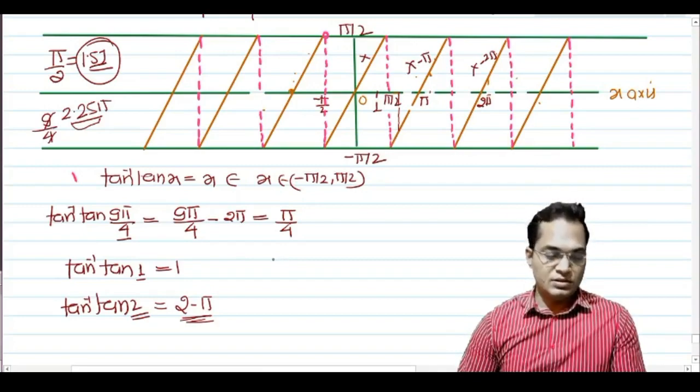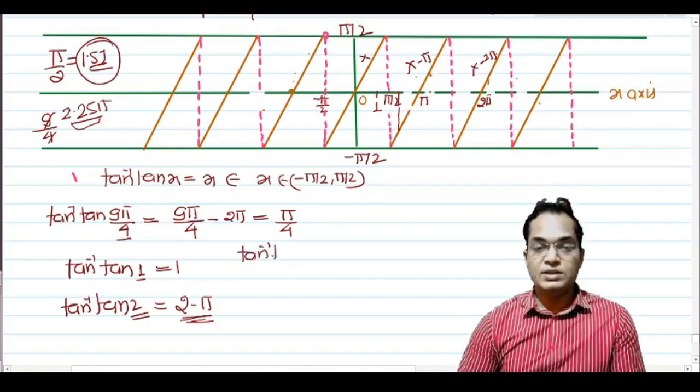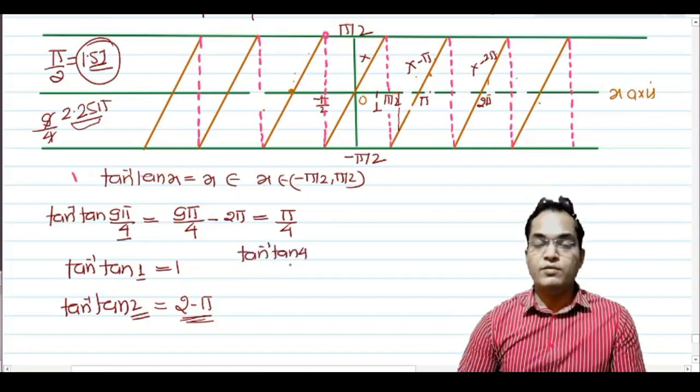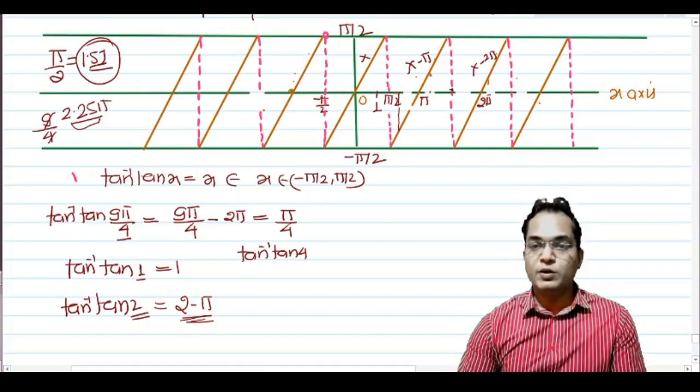Now the next question is tan inverse tan 4. What is the value of tan inverse tan 4? Where is the 4? You can see 3 pi by 2. This point is 3 pi by 2. Got it? 3 pi by 2 is greater than 4. If you solve it, it is greater than 4.